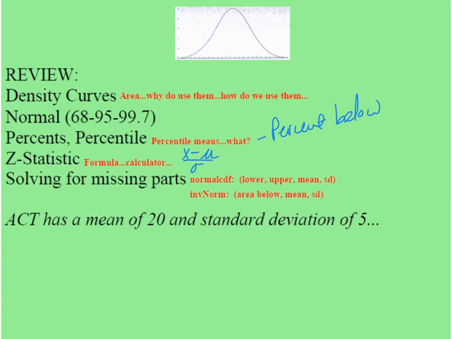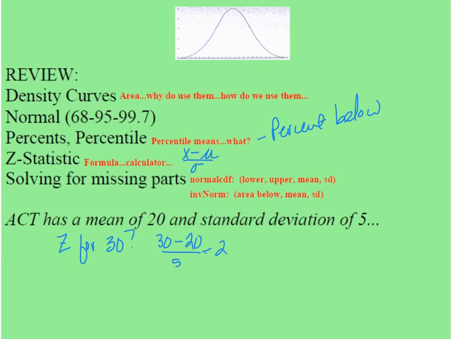So I'm going to just skip down to this example for a minute. The ACT has a mean of 20 and a standard deviation of 5. So if I said, well, what's the z-statistic for a person that scored a 30, and I'm picking an easy number for a reason, I would say 30 minus the mean divided by the standard deviation, that's 2.